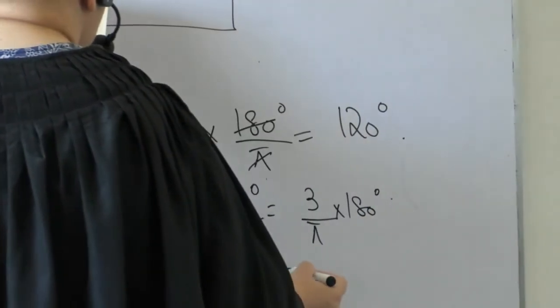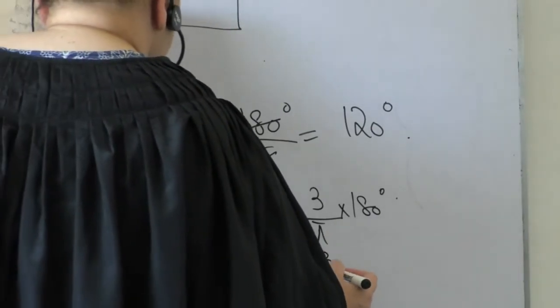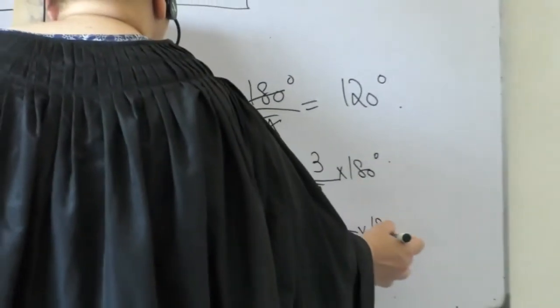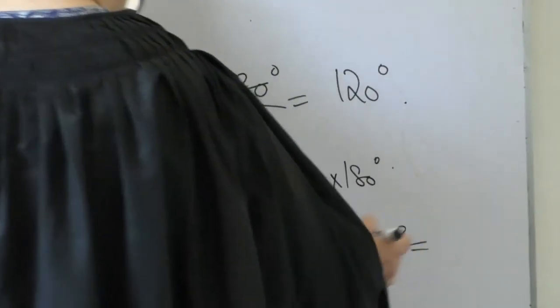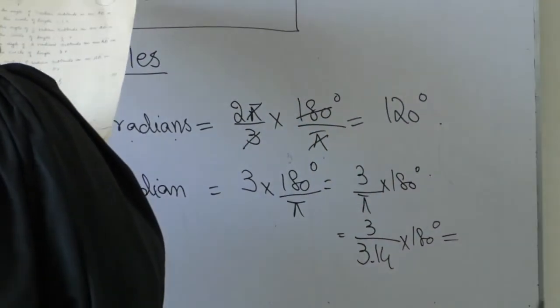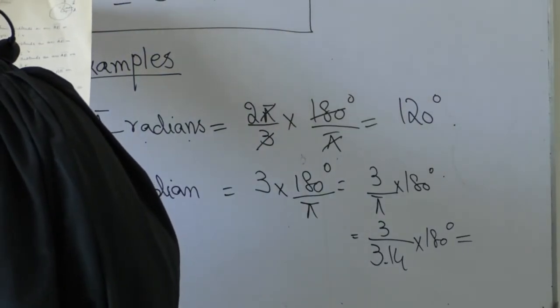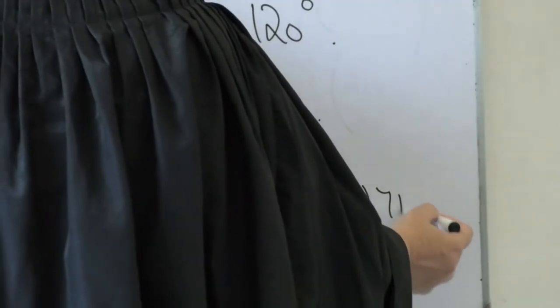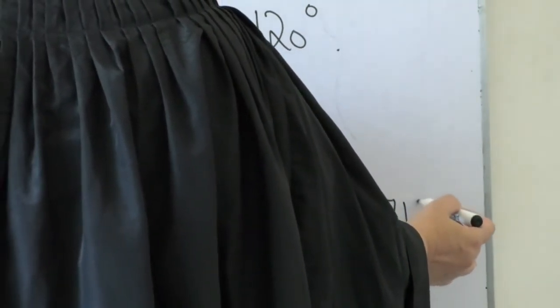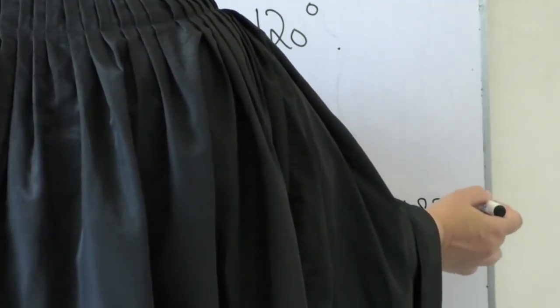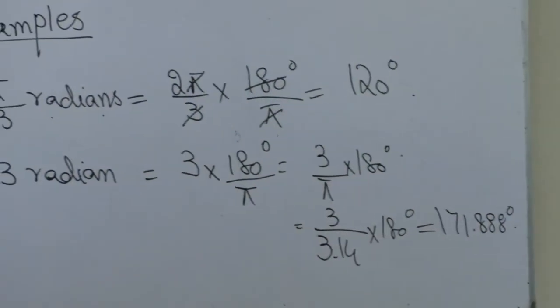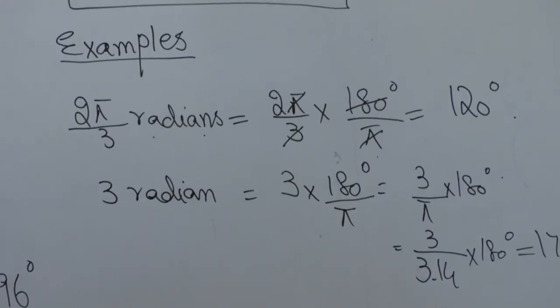Use the value of pi, which is 3.14. 3 divided by 3.14 into 180 degree. Simplify all of them. Answer is 171.888 degree.